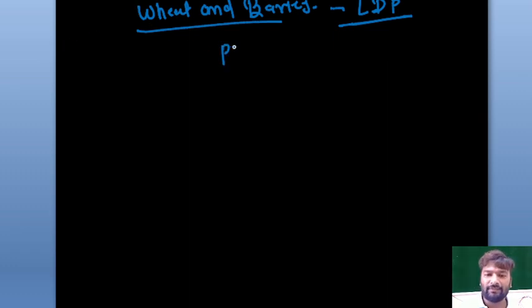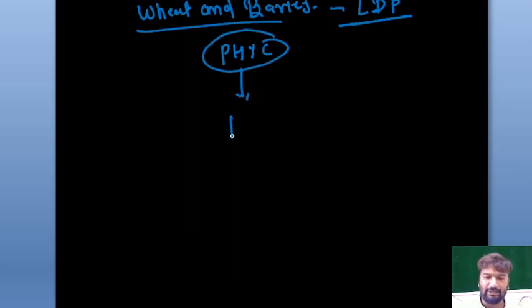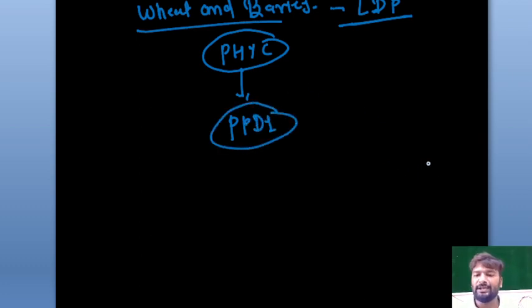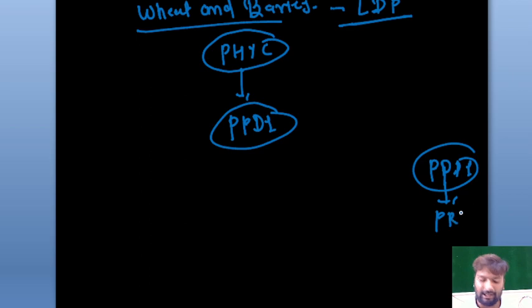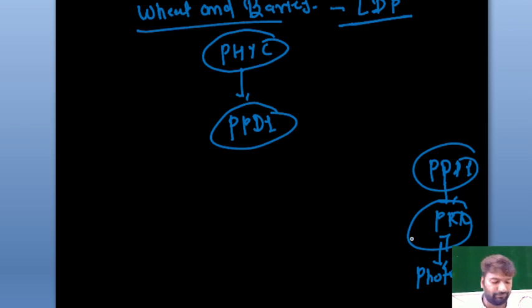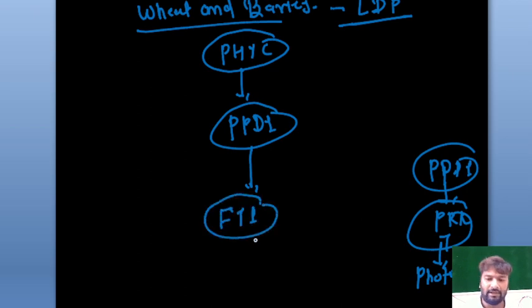So here there is phytochrome C. It activates PPD1, and this PPD1 is homologous to the PRR7 pseudo response regulator, which is known as photoperiod 1, and this gene activates the FT1 genes and promotes flowering.